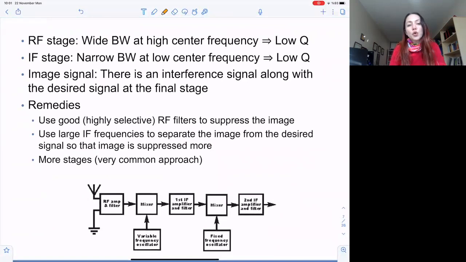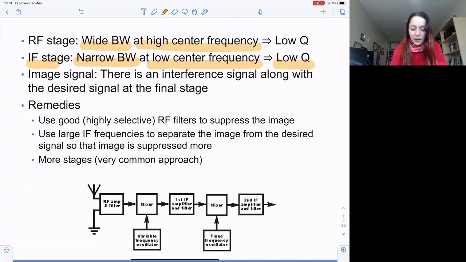Now, one thing is you could try to use a higher quality RF stage, but the challenge is you want it to have a high bandwidth because it's at a high center frequency, in order for the RF amplifier to be flexible, affordable, etc. The IF stage is a narrower filter at a lower center frequency. So the IF filter also can afford to be low Q, low quality.